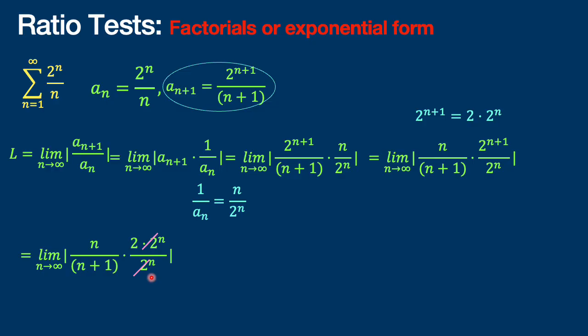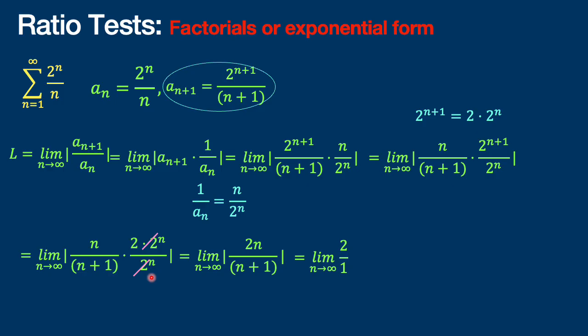Now, what do you have here? You have 2n over n plus 1. 2n over n plus 1 is positive, so you don't need the absolute value. Now we can find the limit of that sequence by using L'Hopital's rule. The derivative of 2n is 2.